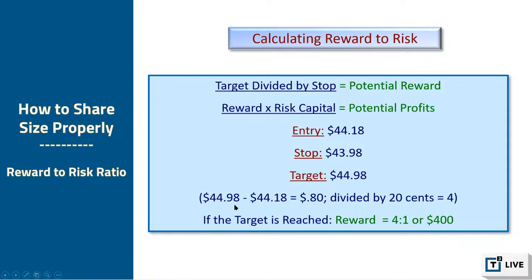So 44.98 minus 44.18, 80 cents, divided by the stop size, which is the entry minus the stop, 20 cents. That gives you a reward to risk of 4-to-1. That's important. We need to know what the reward is on every trade before we take the play.